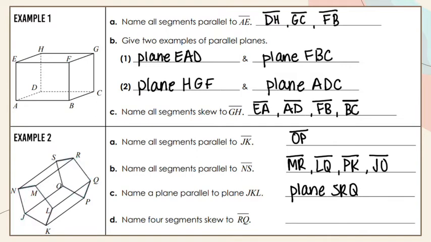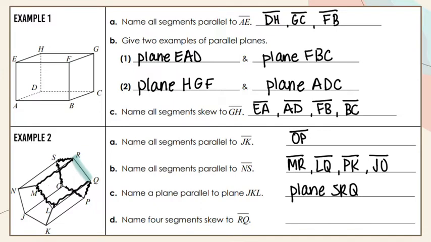Now we want to name 4 segments that are skew to RQ. So when we look at these, there are several that are correct. So ones that we can't do, this one intersects, this one intersects. These are all on the same plane. And then this one is also on the same plane if we are talking about this plane here.